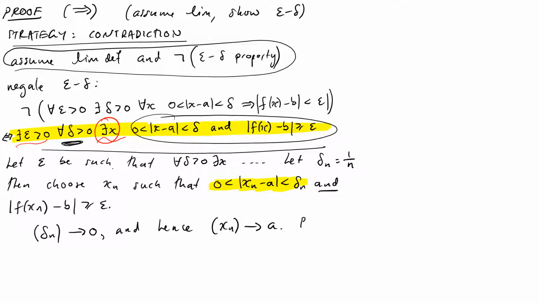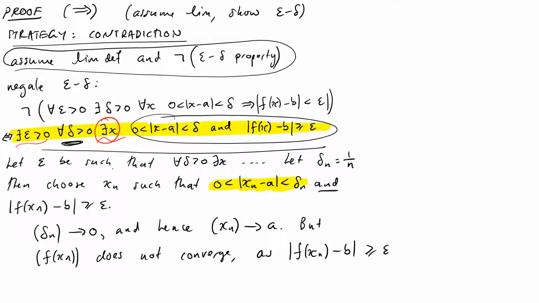But the sequence f of xn does not converge, as the absolute value of f of xn minus b is greater than or equal to epsilon for all n.